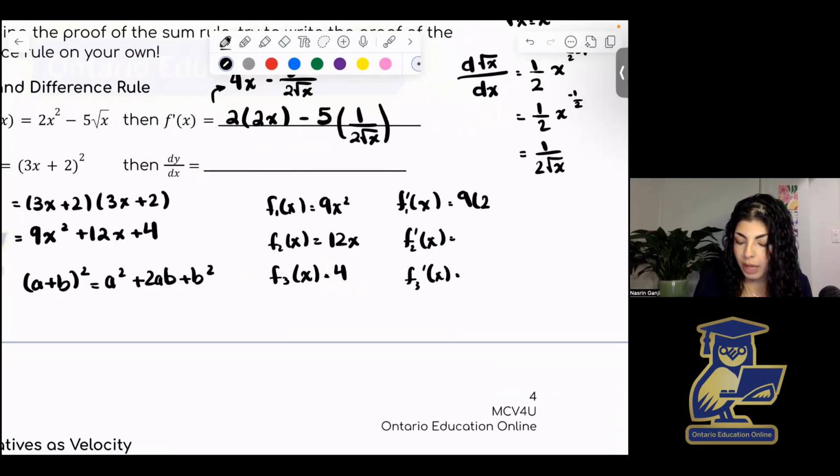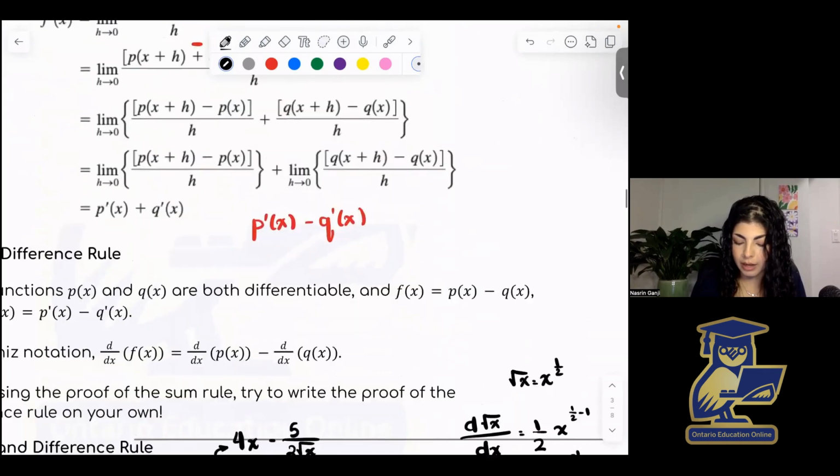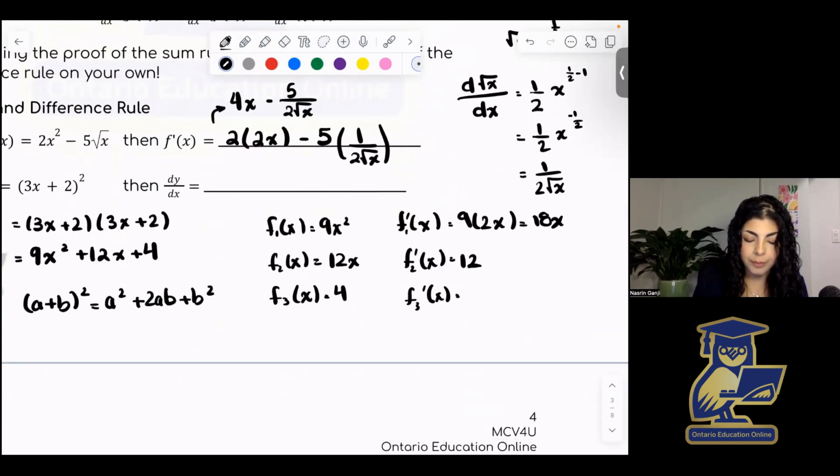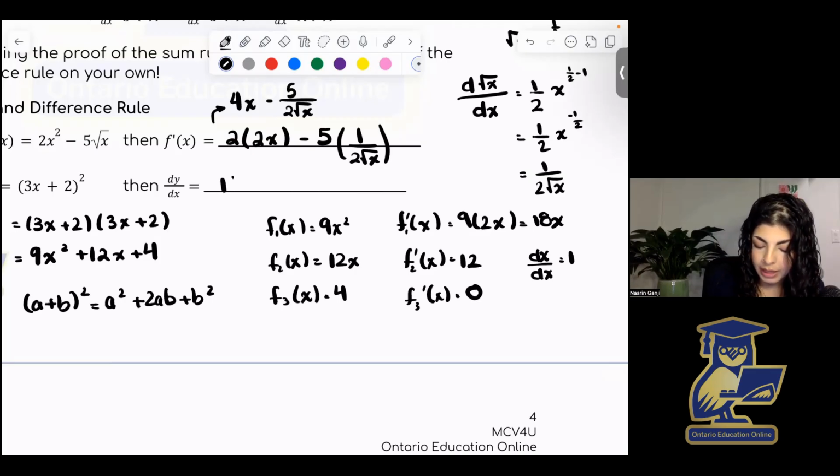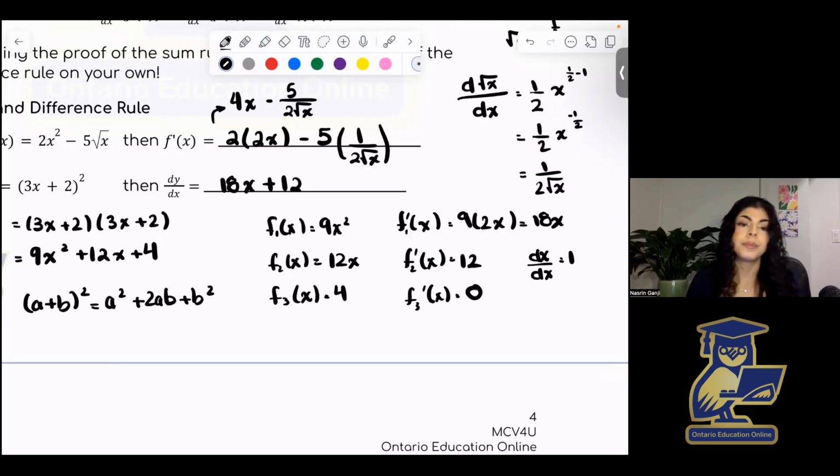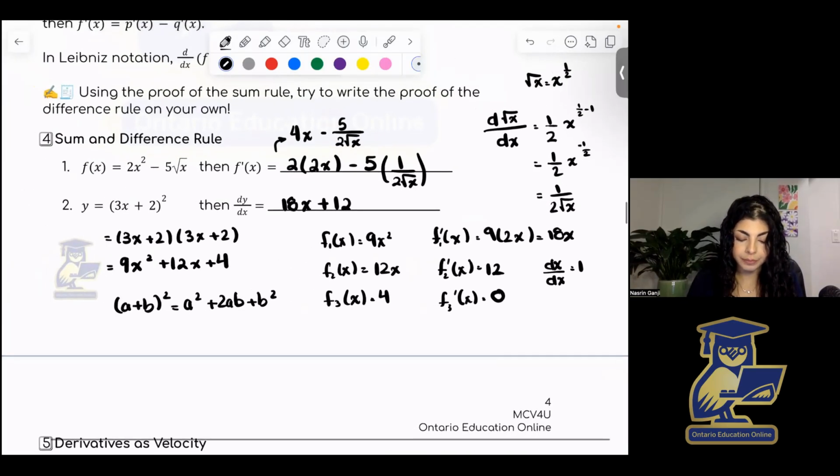And then by power rule, I have 2x. So this is 18x. In the second one, this would just be 12. I hope you see that now, especially because we did the example above. So dx by dx is just 1. And for the last part, I have 4. So the derivative is just 0 by the constant rule. So then I'm left with 18x plus 12. And that's my derivative there.